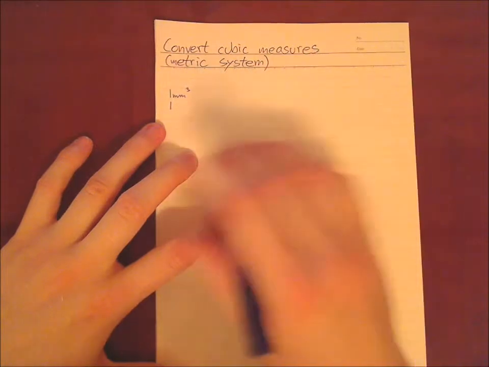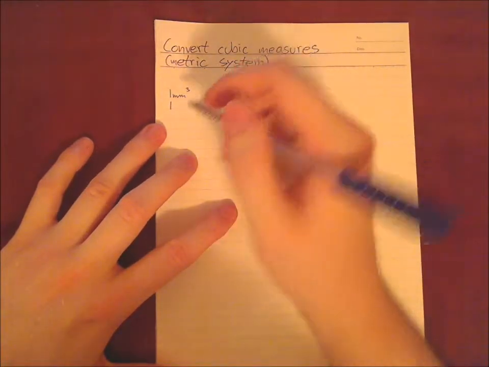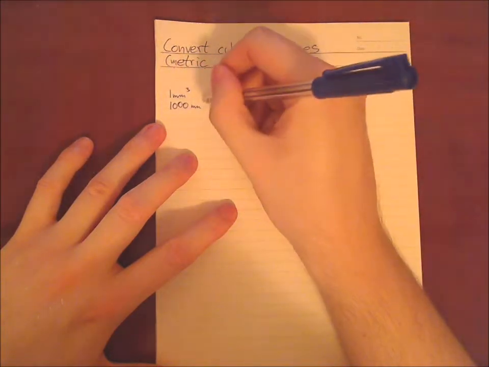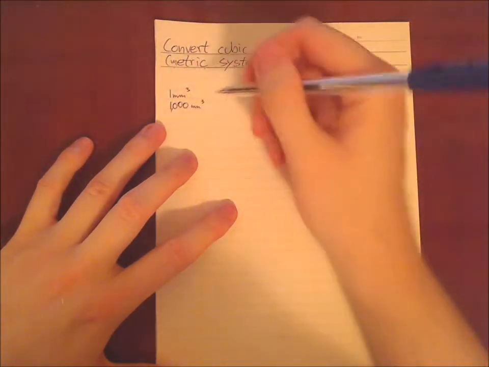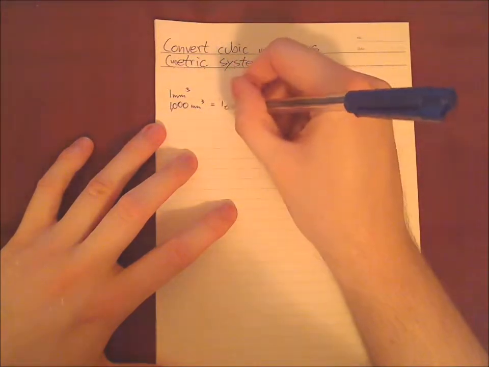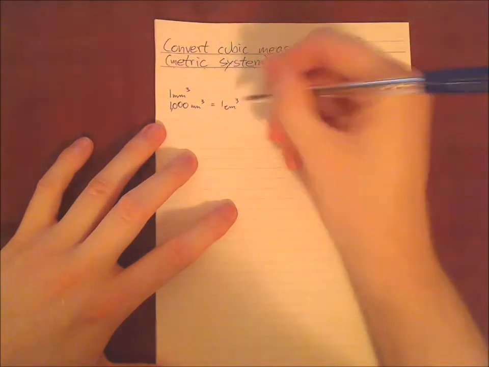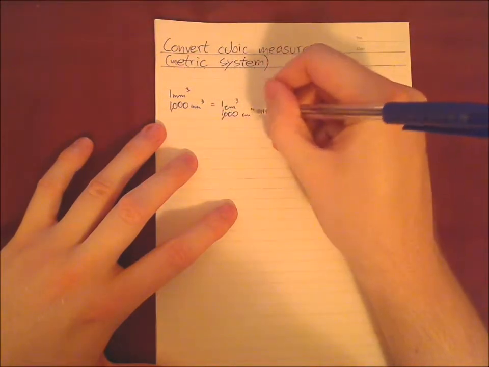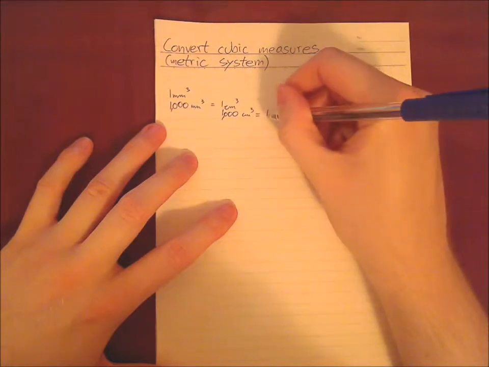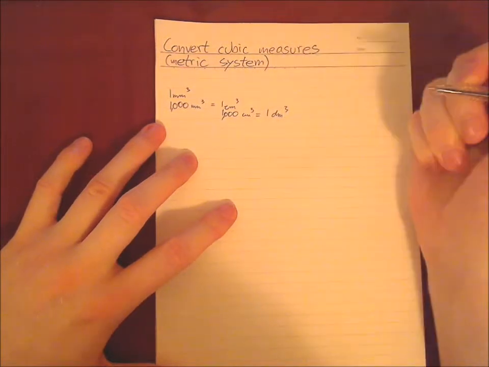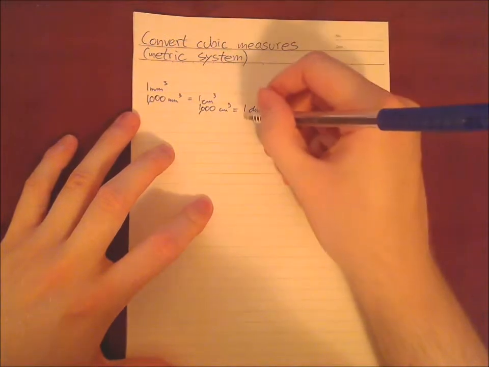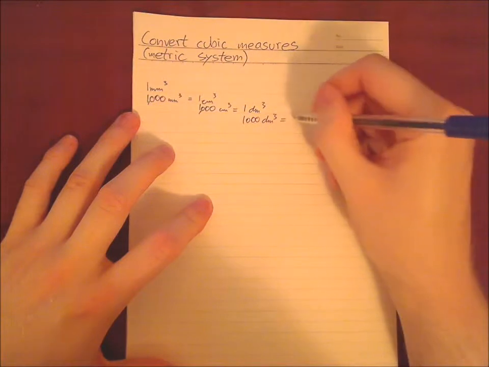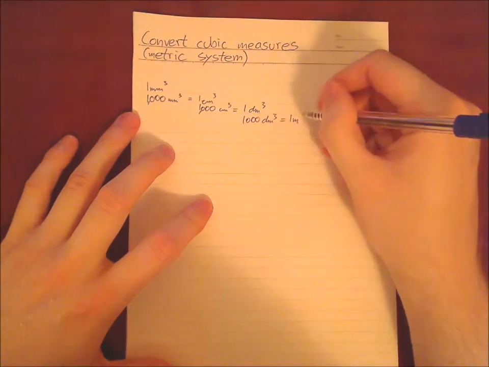When we talk about cubic measures, we have to add 3 zeros, so 1,000 cubic millimeters are 1 cubic centimeter, and 1,000 cubic centimeters are 1 cubic decimeter. 1,000 cubic decimeters are 1 cubic meter.